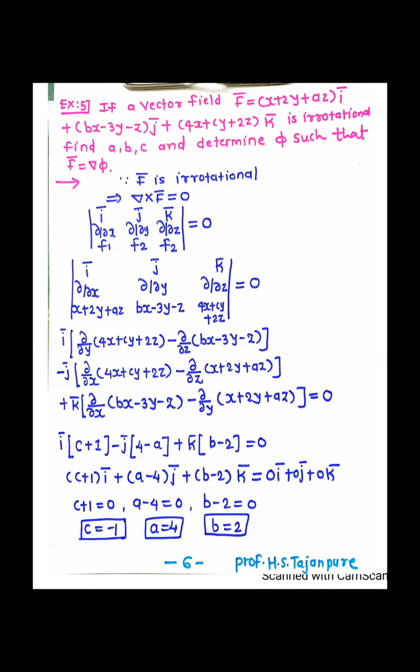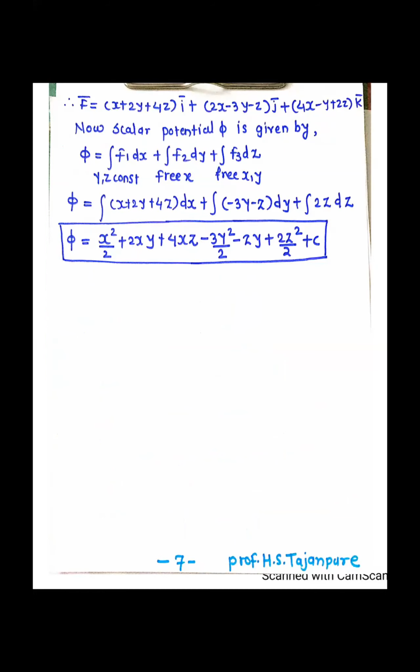Now use these values in the given F bar and again find the scalar potential phi. Again the same formula: F2 free from x, F3 free from x and y. Integrate the term with respect to x, y, and here with respect to z. You will get the required answer.